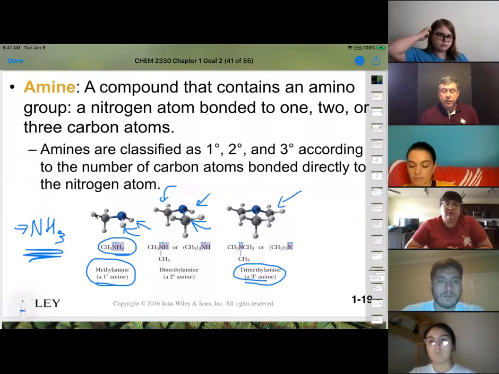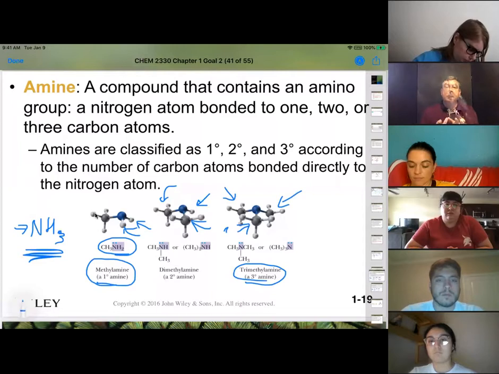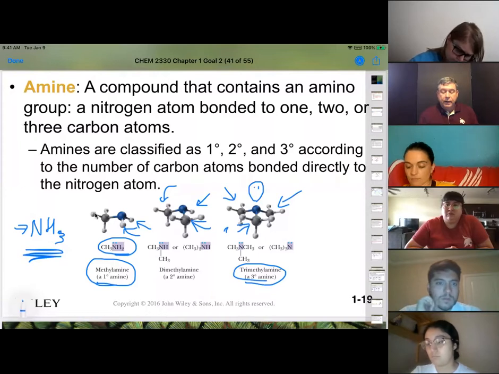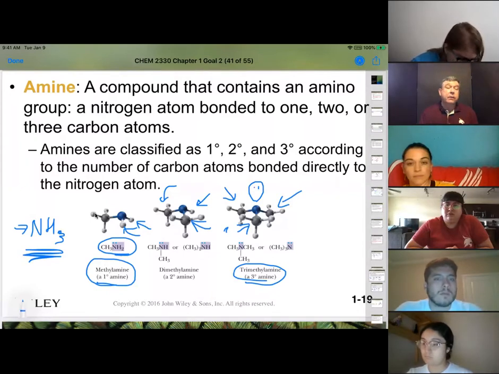So there are 3 different carbons on here, and notice that there are no hydrogens on here because the last bit is a lone pair, left over from those 5 electrons. So this one has no more hydrogen to react, and these react a little bit differently than the other two.